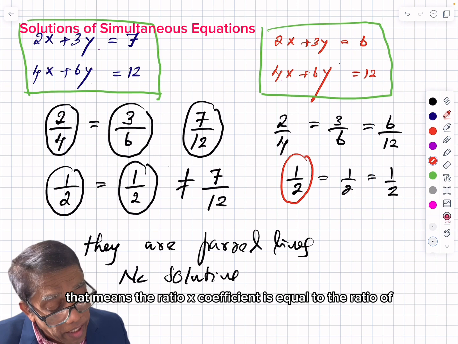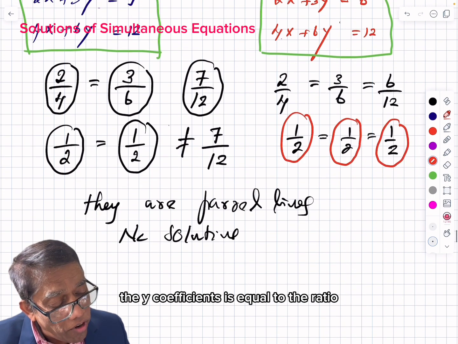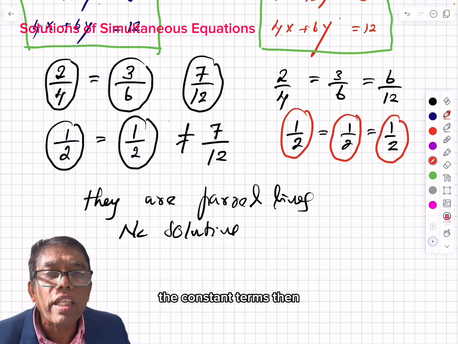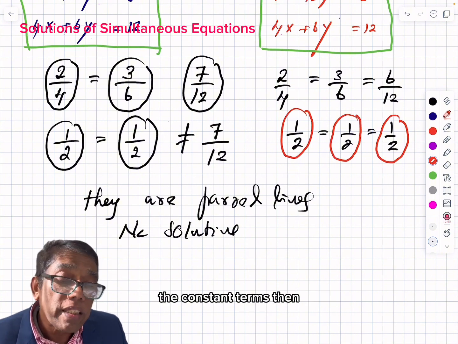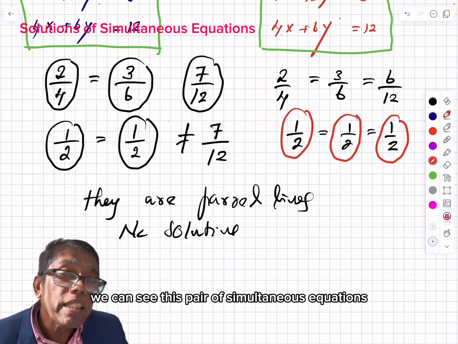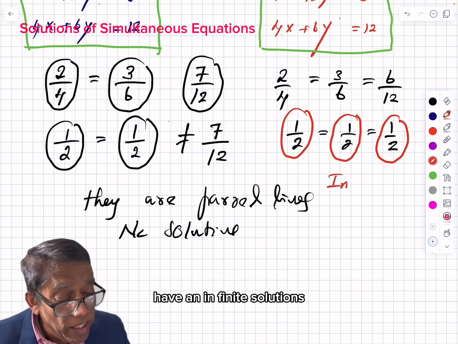That means the ratio of the x coefficients is equal to the ratio of the y coefficients is equal to the ratio of the constant terms. Then we can say this pair of simultaneous equations has infinite solutions.